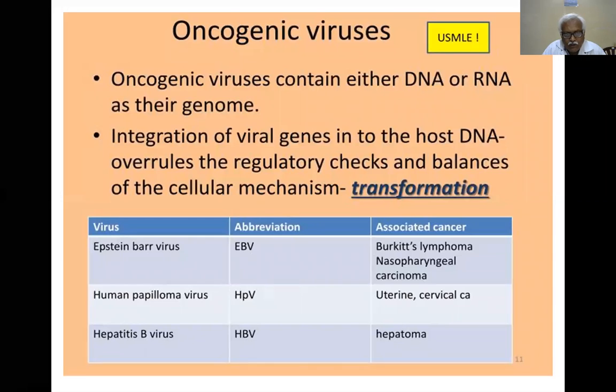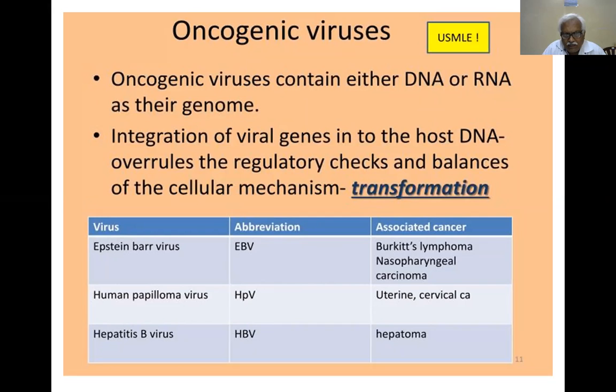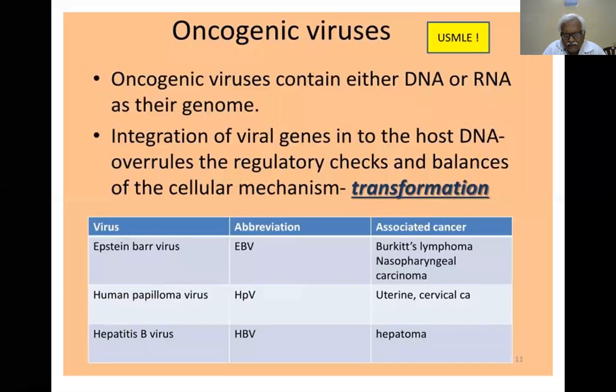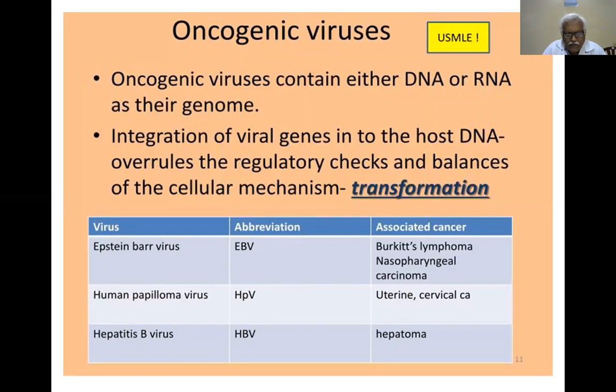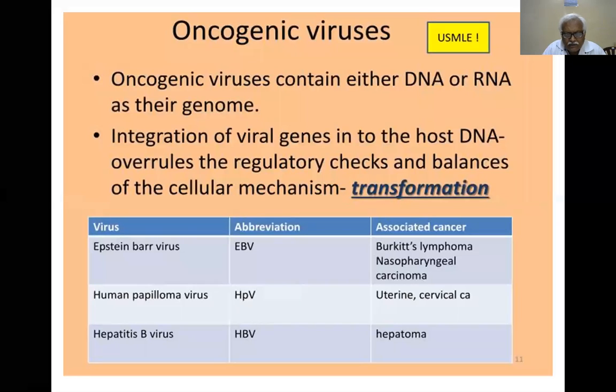The next one is human papillomavirus. You know pretty well about human papillomavirus. Warts will appear, and that mostly comes through the husband. Sexual intercourse will introduce the human papillomavirus into the vaginal cavity.